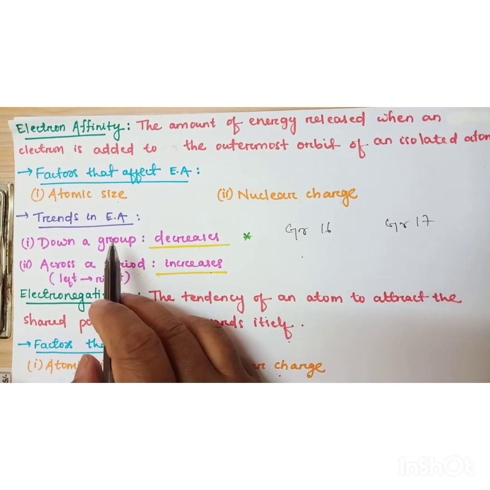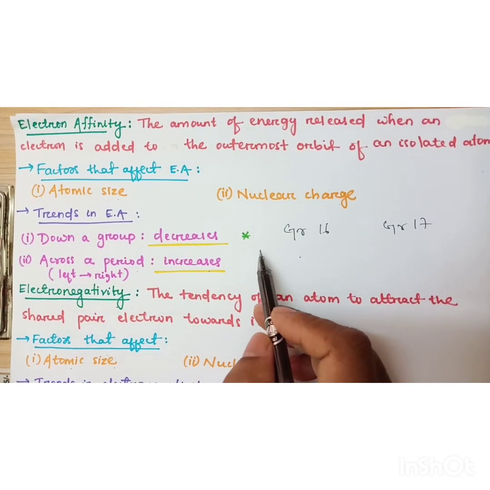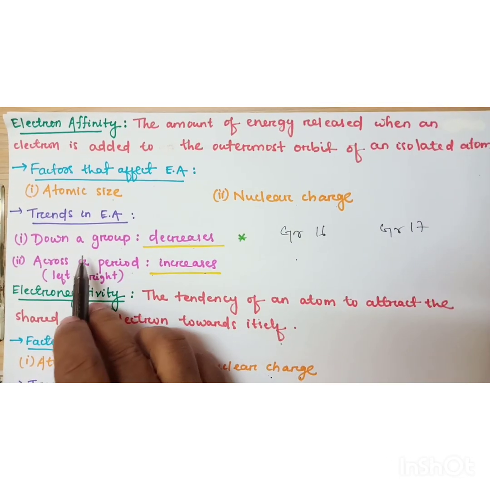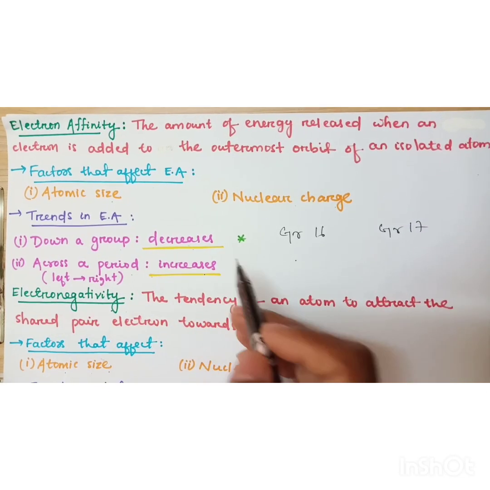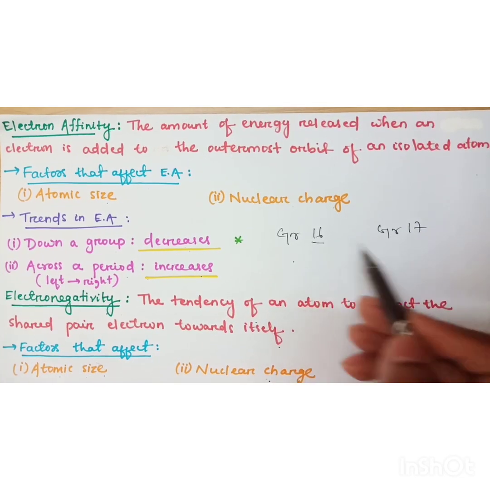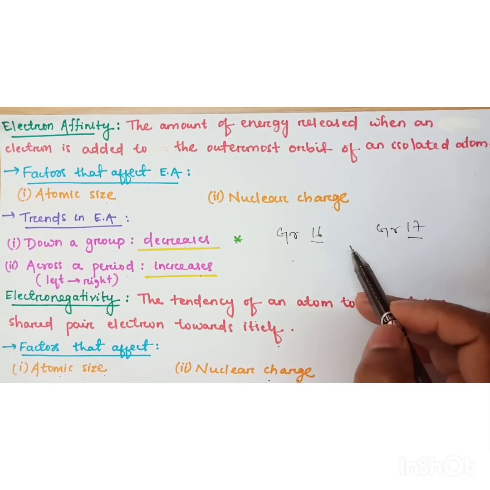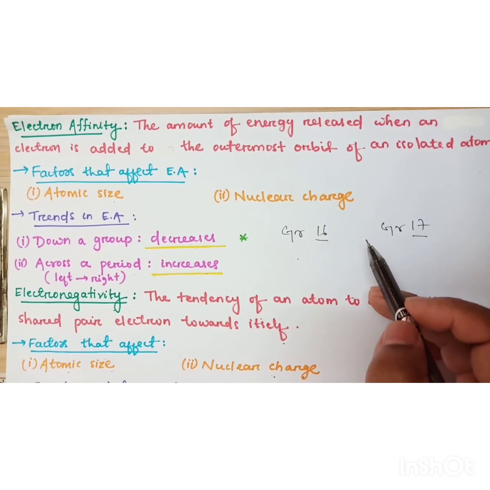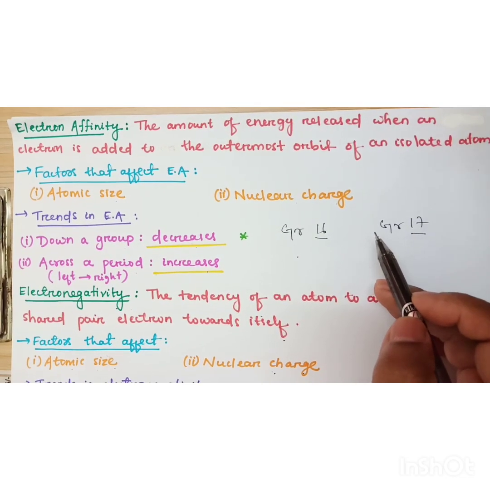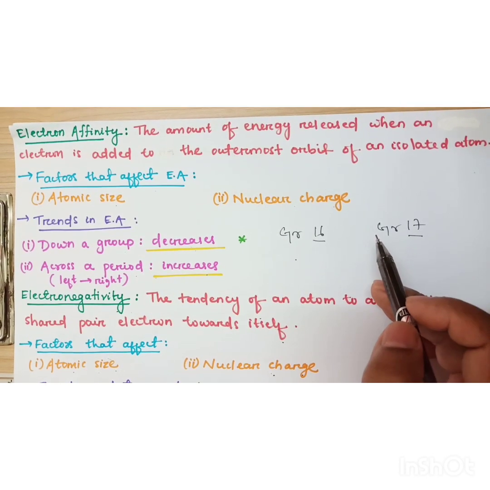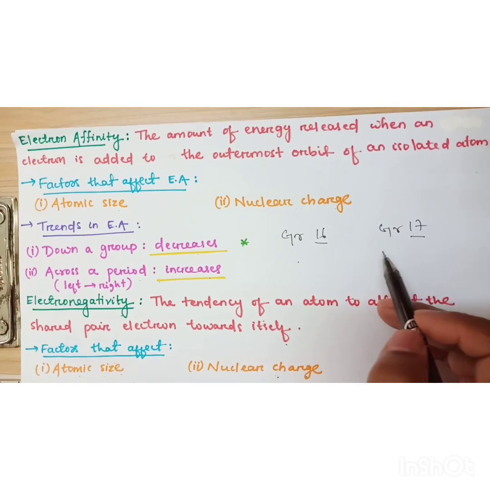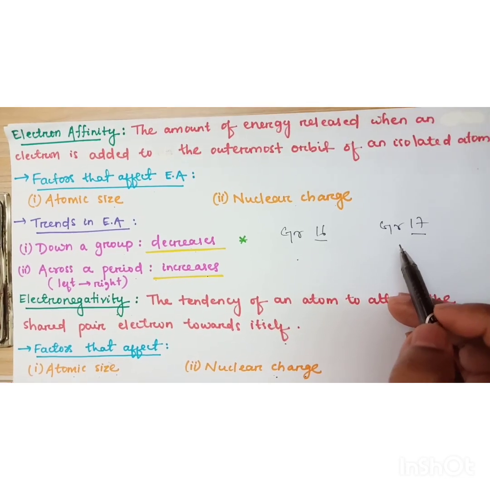Okay, now we come to discuss some exception cases of electron affinity. You know that along a group it decreases, but the exception cases are group 16 and group 17. The electron affinity of oxygen is less than that of sulfur, and the electron affinity of fluorine is less than that of chlorine, because they have a smaller size.